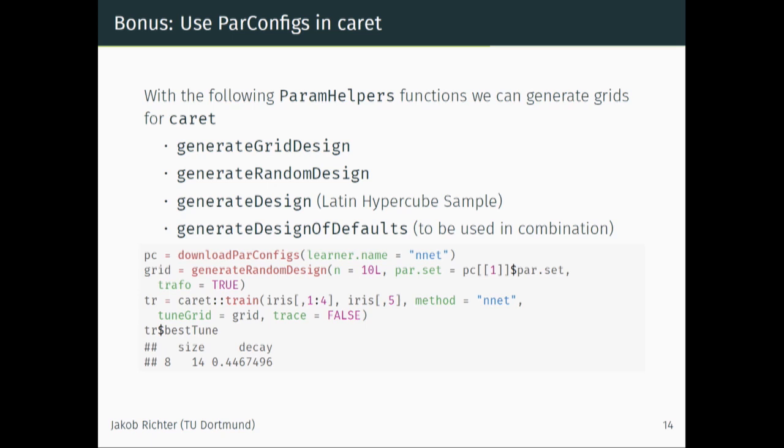And you can generate a design of defaults, which just puts the defaults in a data frame. And then I can also put this data frame into Caret and use it there. You can just say download parameter configs for the learner, and then I will just generate a random design, and I can put it into Caret, and it will also work.